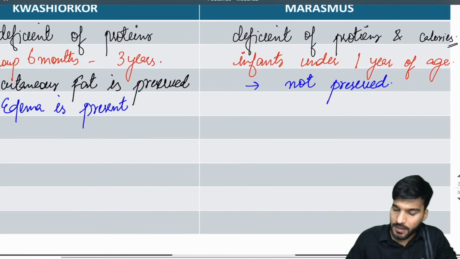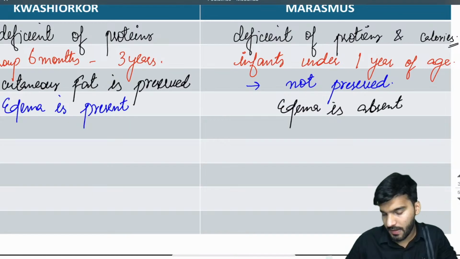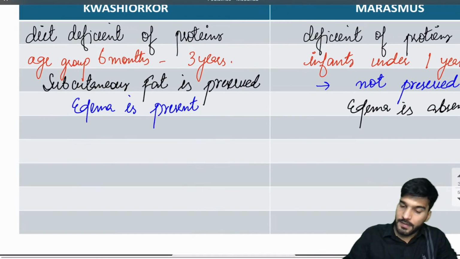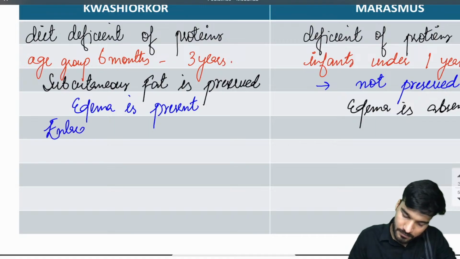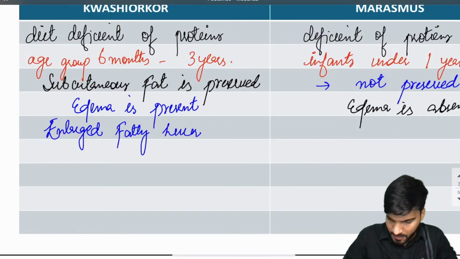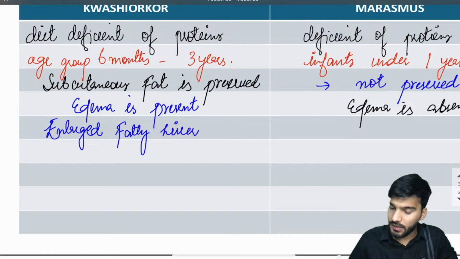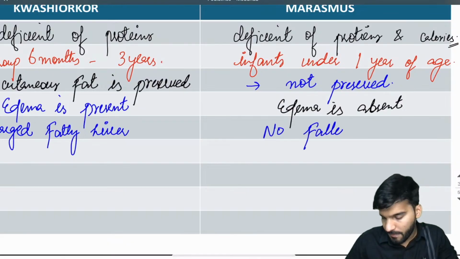In marasmus, edema is absent. There is an enlarged fatty liver seen in Kwashiorkor, and in marasmus there is no fatty liver.